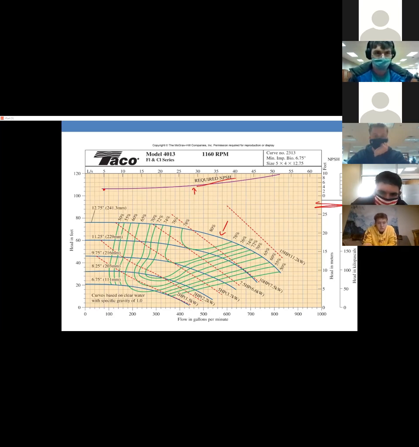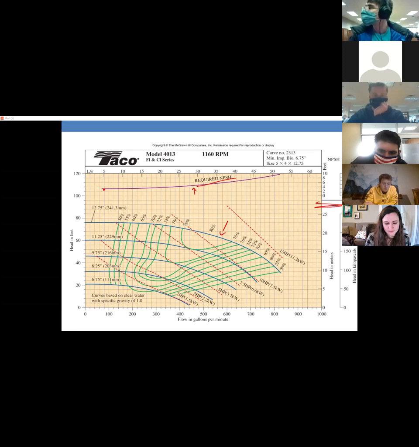And if I were to draw my curve for NPSH available on here, it would look something like that. So I wouldn't want a flow rate that was bigger than that.